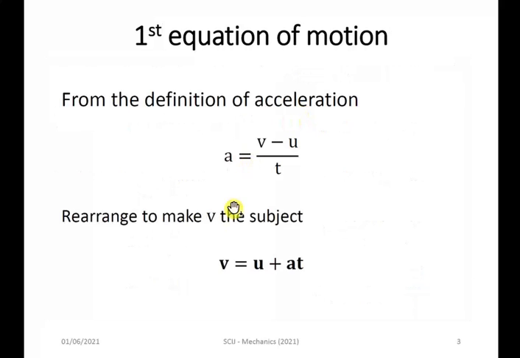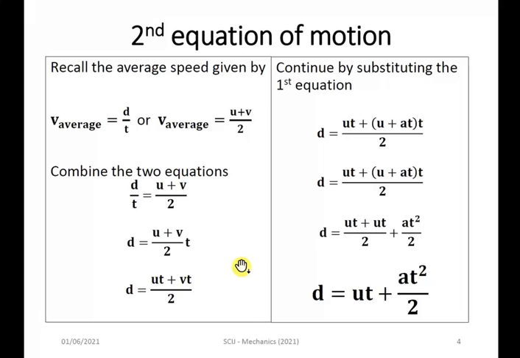We just saw it. This is the first equation of motion. And we substitute it in place of the final velocity. That's instead of v, we are going to put u plus at and then go through the arithmetic, just the algebra you are very much familiar with.